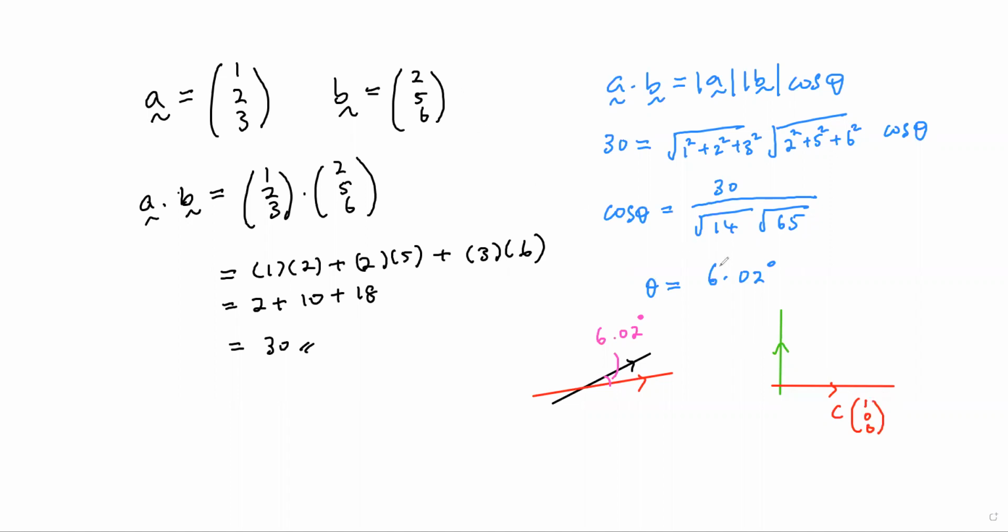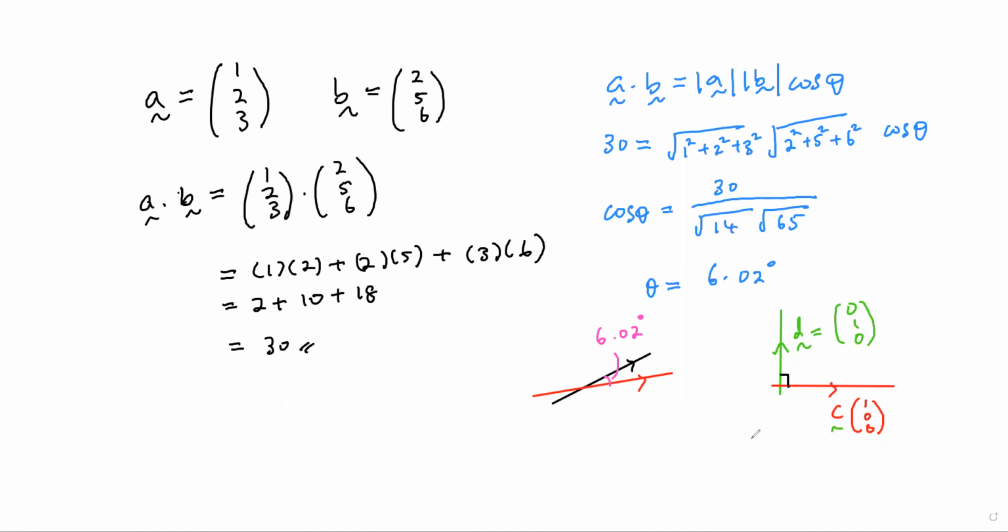And let's call the green vector D. Vector D is perhaps 0, 1, 0. So vectors C and D are perpendicular to one another. You can see that vector C is parallel to the x-axis, and vector D is parallel to the y-axis.